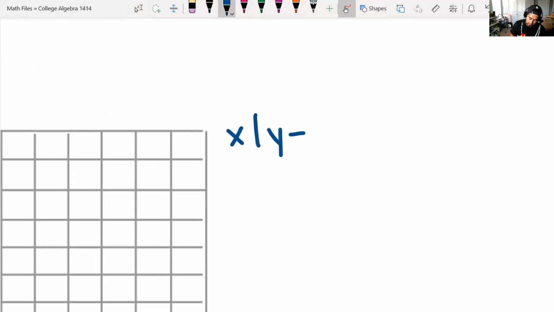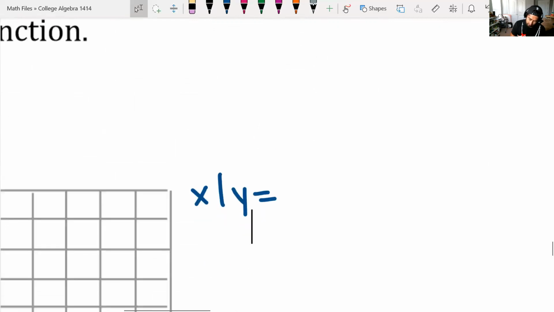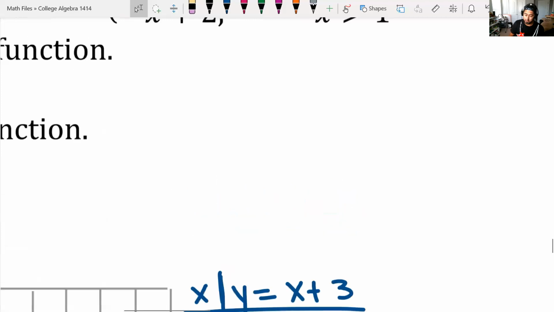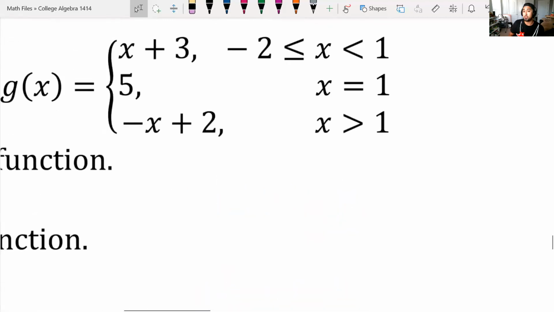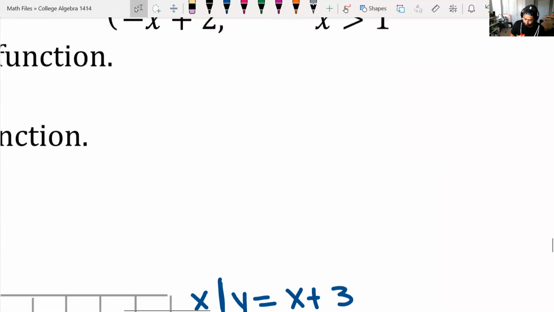So x and y equals, what do we have? X plus 3. And we can only use this function if my values are between -2 and 1, where -2 is included.